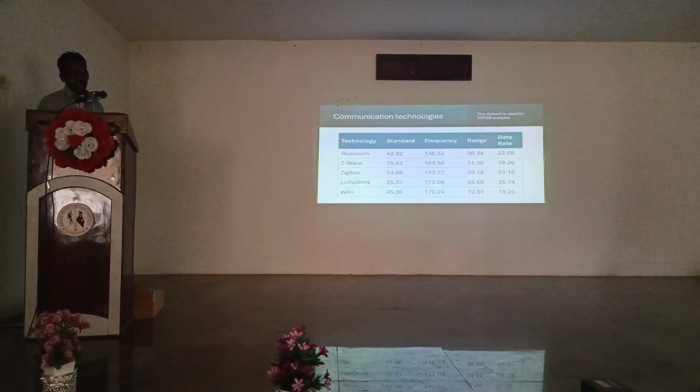For example, Bluetooth has a value of 42.02 for standard, 145.52 for frequency, 30.54 for range, and 22.05 for data rate. Similarly, other technologies have their respective values which are used in the decision matrix for analysis.